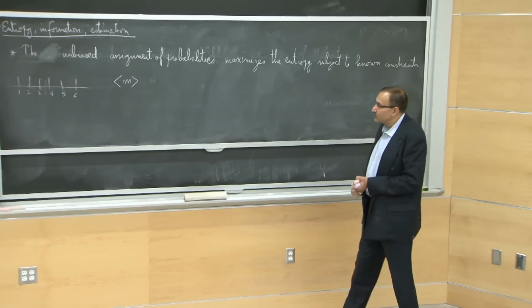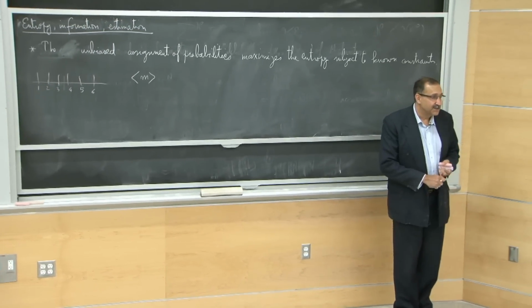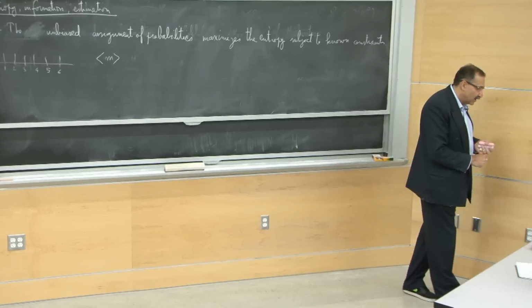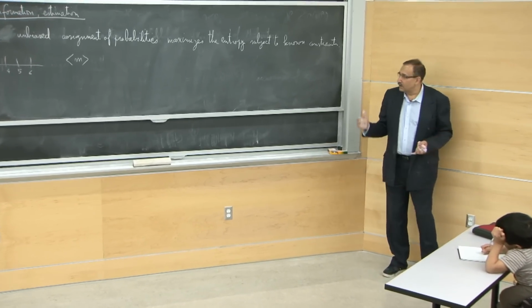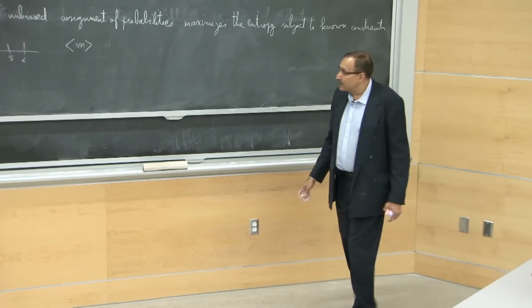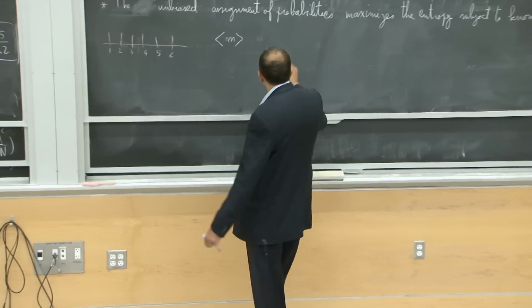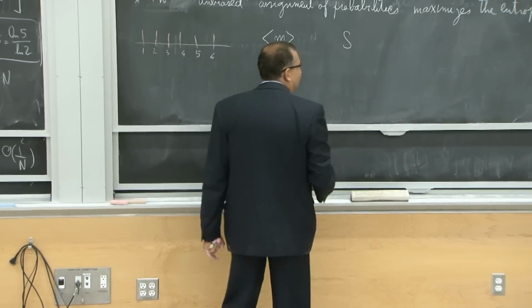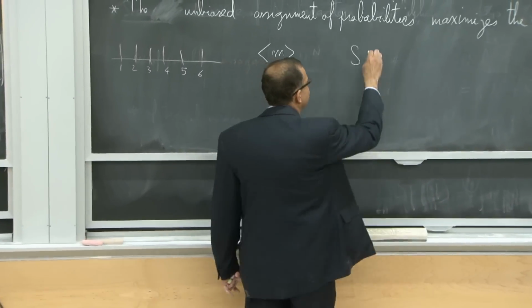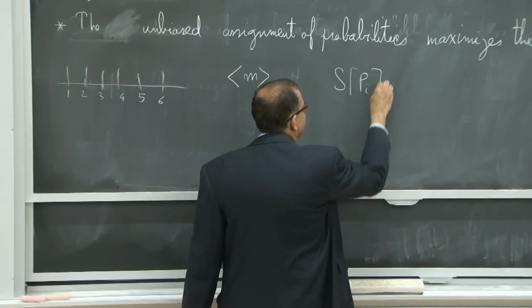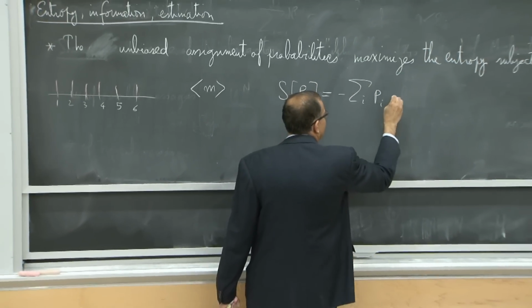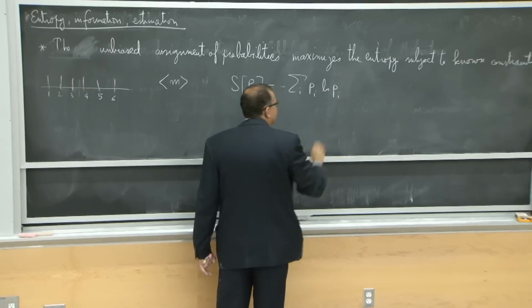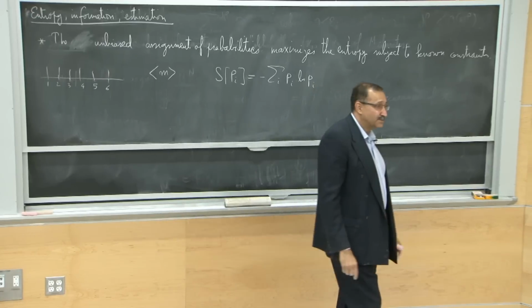So if I want to reassign the probabilities, given that somebody told me that in a large number of runs the average value of the faces that showed up was some particular value, what do I do? I say, well, I maximize S, which depends on these p_i, which is minus the sum over i of p_i log of p_i, subject to the constraints that I know.